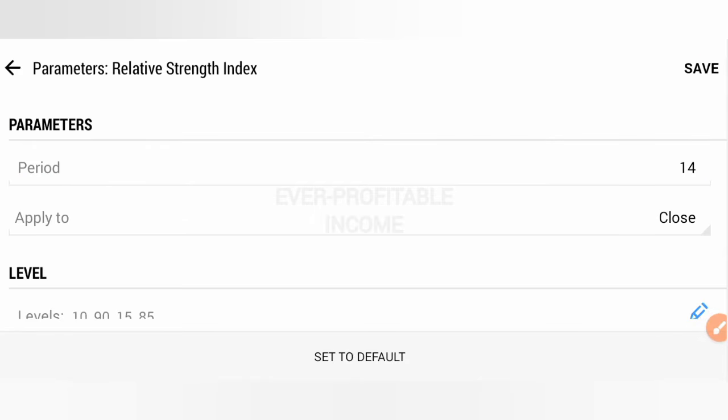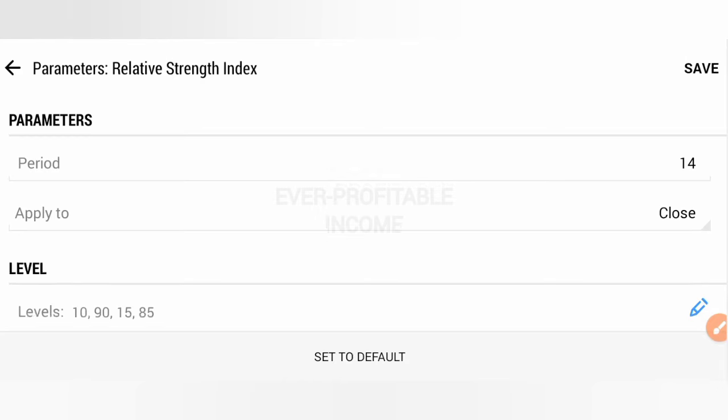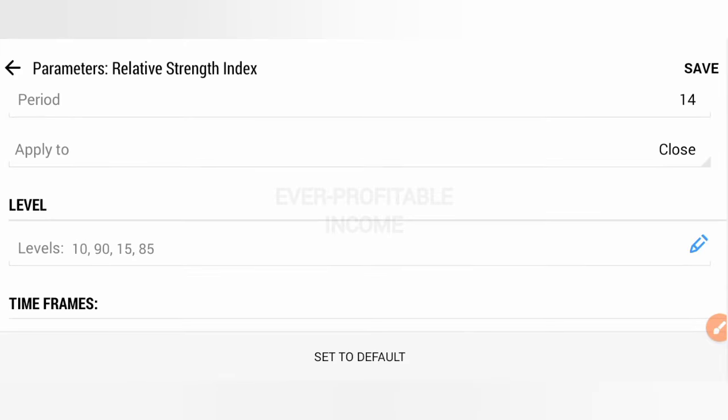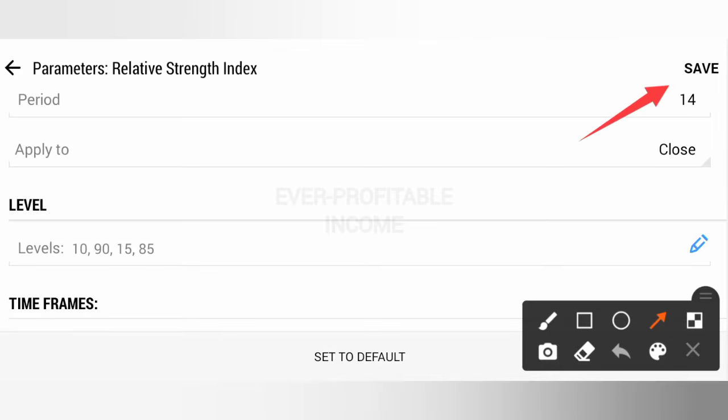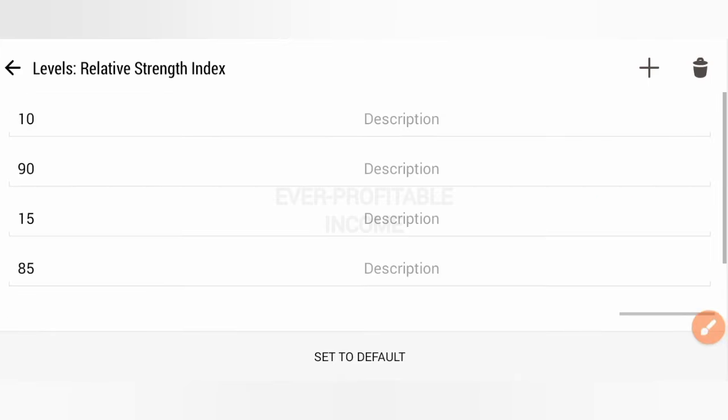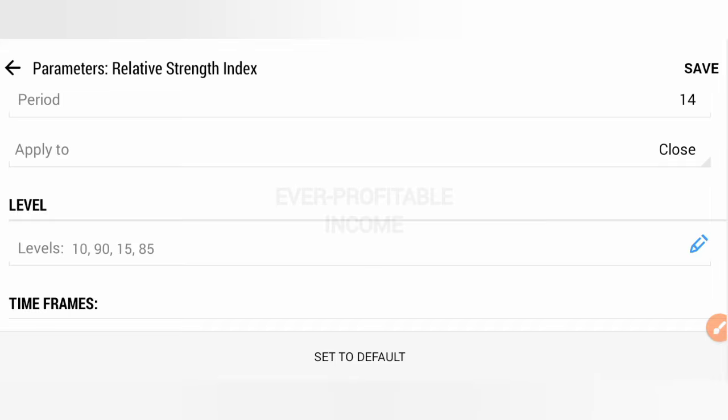On the RSI, we have period 14. So these are the parameters. We have period 14 applied to close, and then we have the levels right here. If you want to add your level, just click on this pencil icon right here, and it will take you to this window. Then you can customize your levels. Add the levels: level 10, 90, 15, and 85, and then you click on save.